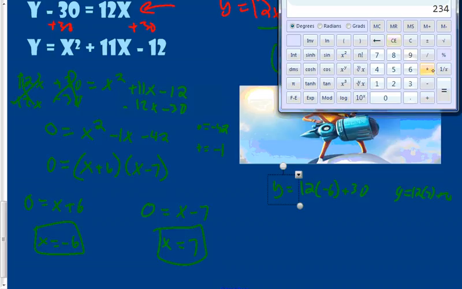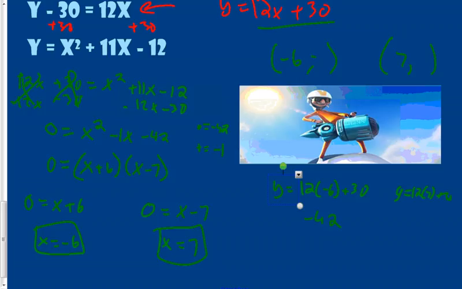Calculator, 12 times negative 6. Whoops, I did something wrong there. 12 times 6, making that a negative. And then we want to add 30 to it. You get negative 42.